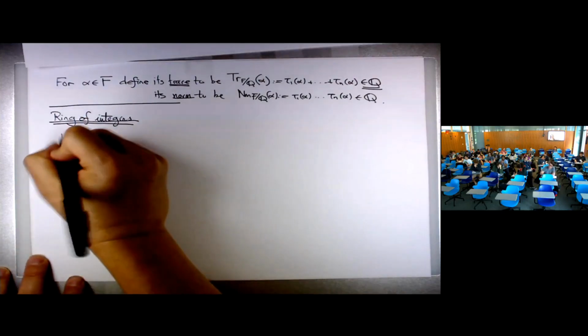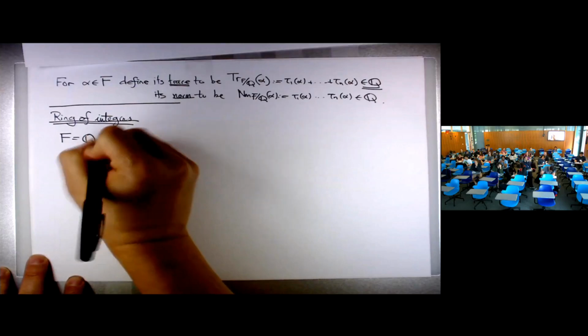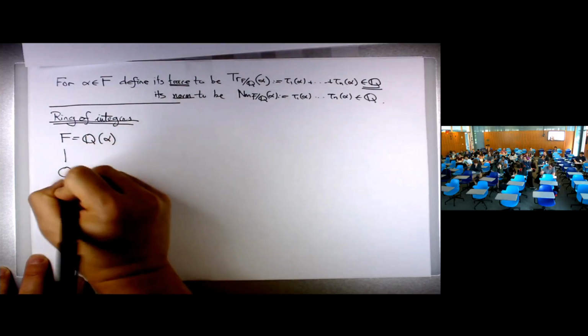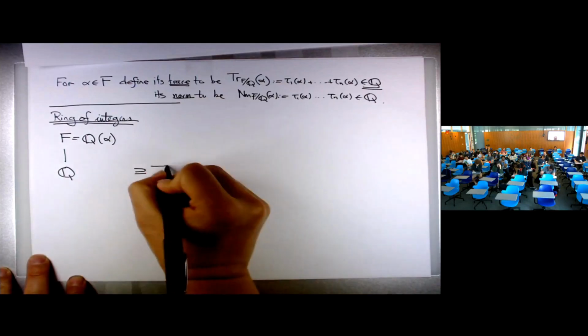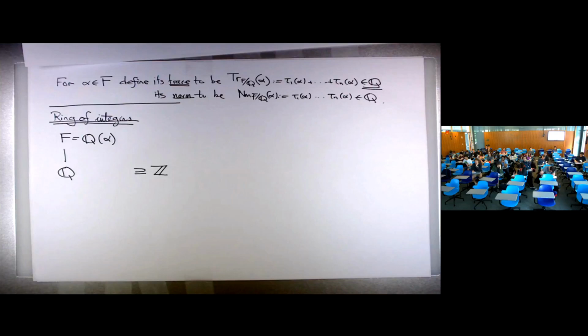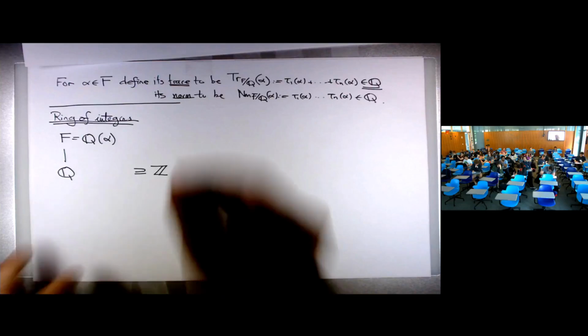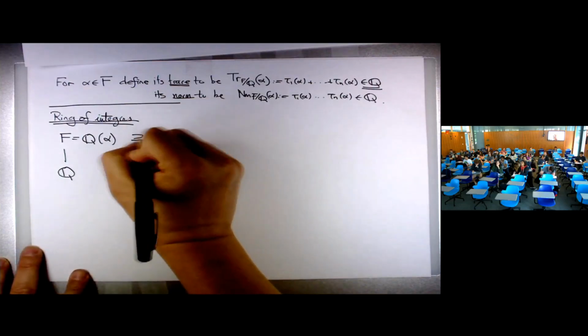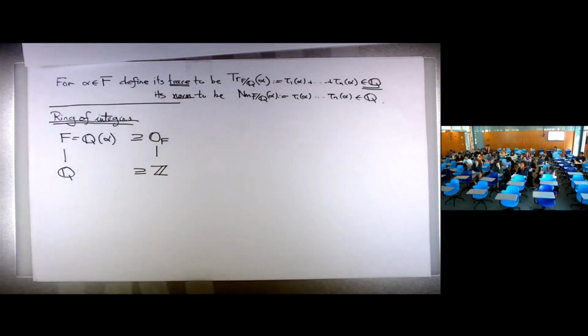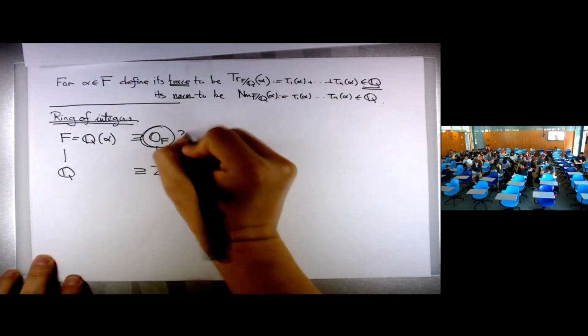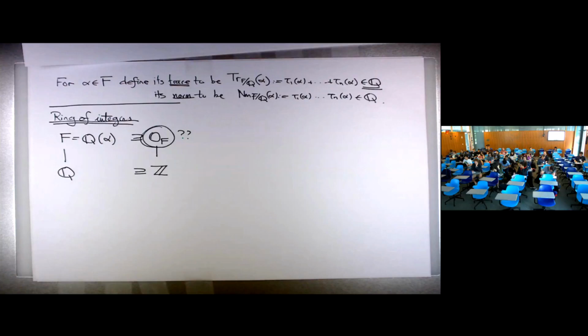So basically the idea is that now I have my field F equals Q adjoin alpha as an extension of Q. We know that inside Q I have the integers, and now we want to understand how to define the ring of integers for a number field. That's something we want to explain right now.